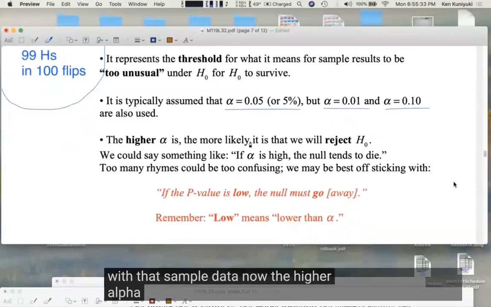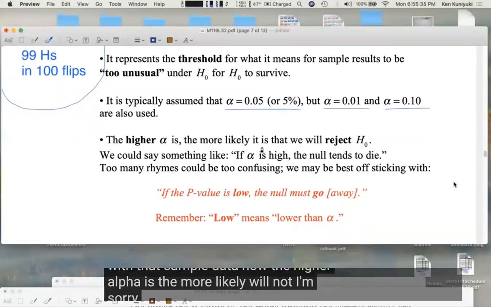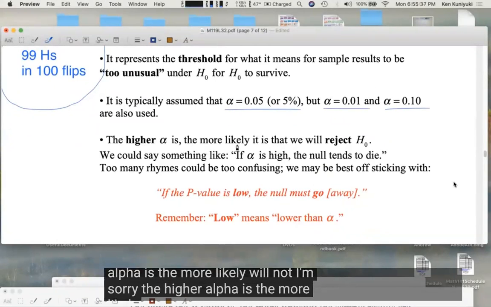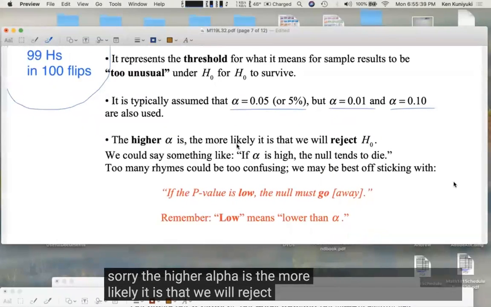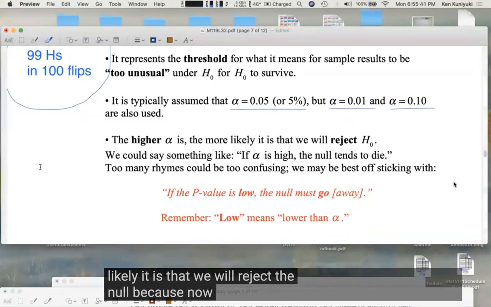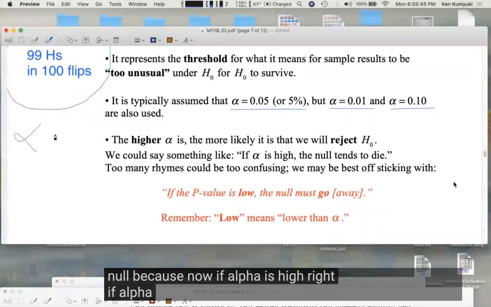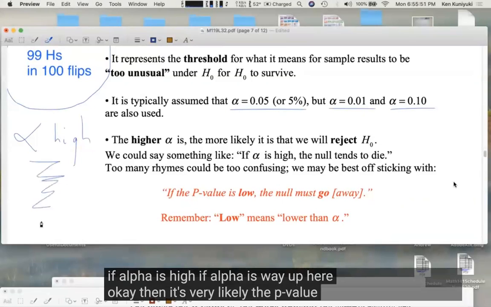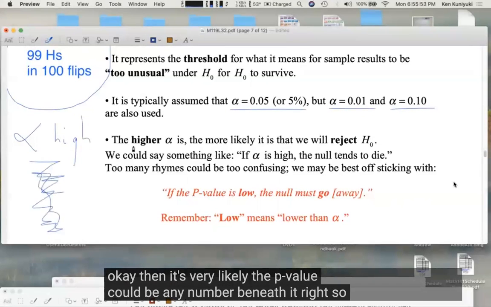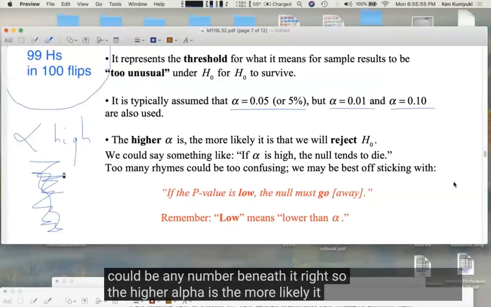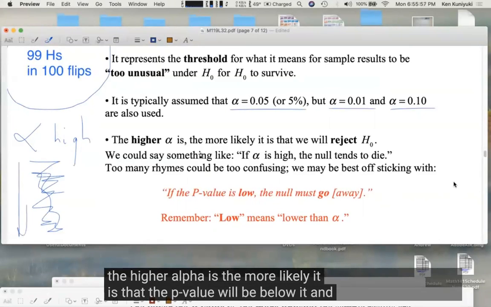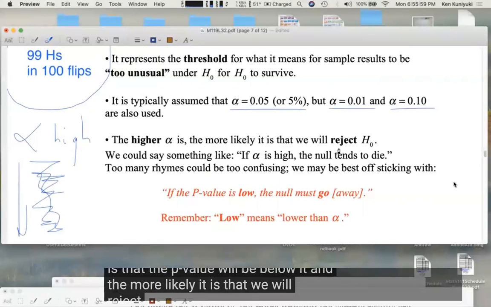Now, the higher alpha is, the more likely it is that we will reject the null. Because if alpha is high, if alpha is way up here, then it's very likely that the p-value could be any number beneath it, right? So the higher alpha is, the more likely it is that the p-value will be below it, and the more likely it is that we will reject the null.